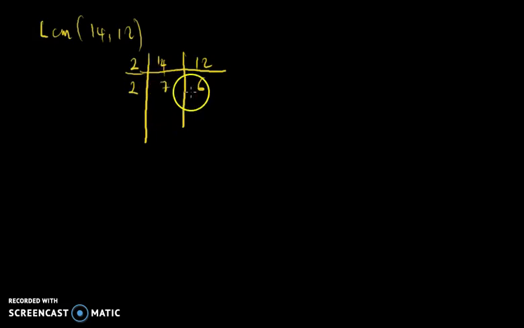2 into 6 gives 3. Now we still need a prime number that divides either 7 or 3. The lowest is 3, which divides 3 exactly without a remainder but cannot divide 7 without leaving a remainder.